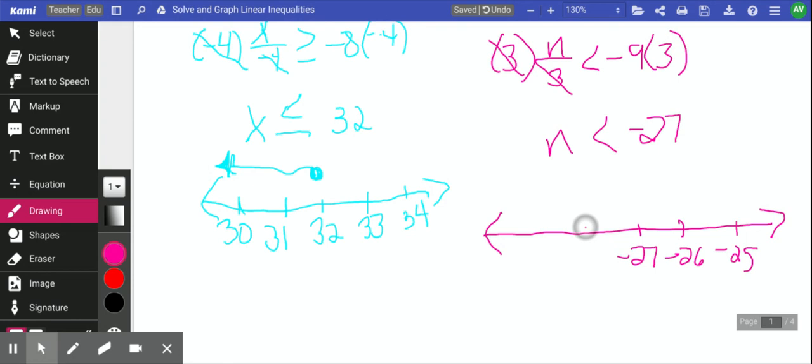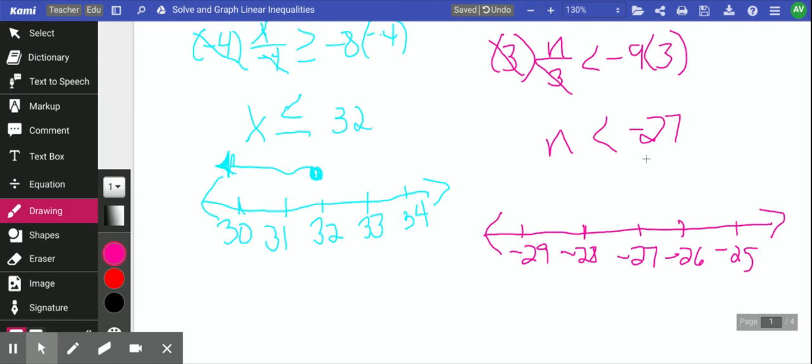And then to the left, the number should get smaller and farther away from 0 on the number line. These are going farther into the negative numbers. Okay, so just as a reminder, this is how number lines work for negative numbers, okay? As you go to the right, the numbers get larger and closer to 0. As you go to the left, the numbers get smaller and farther away from 0, okay?